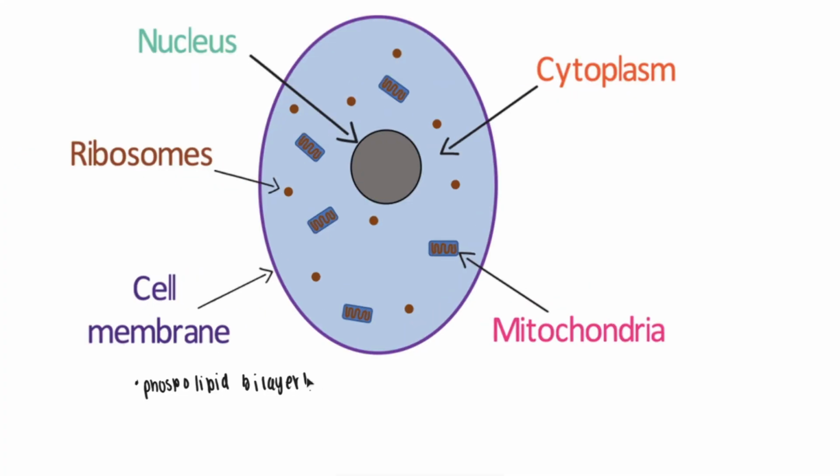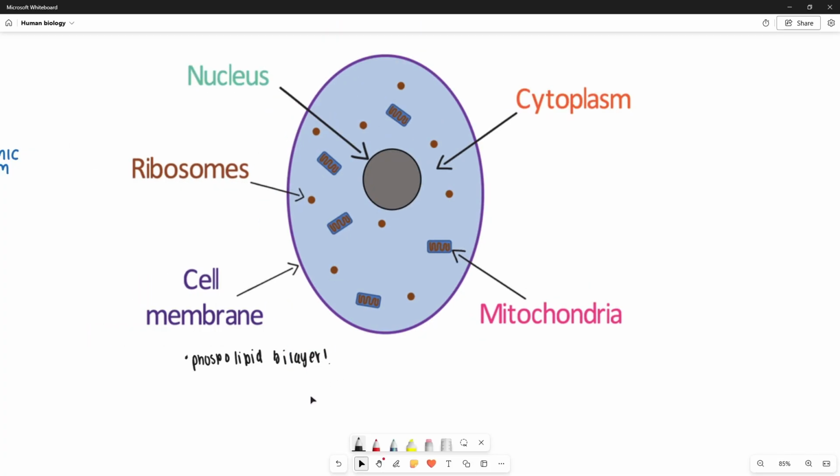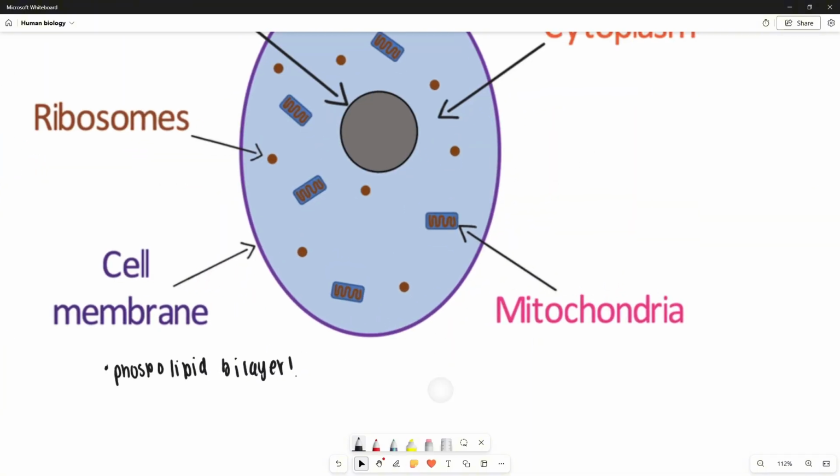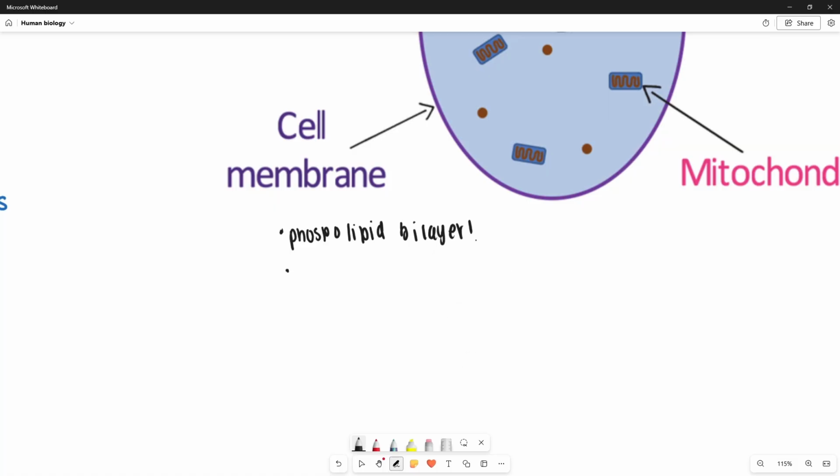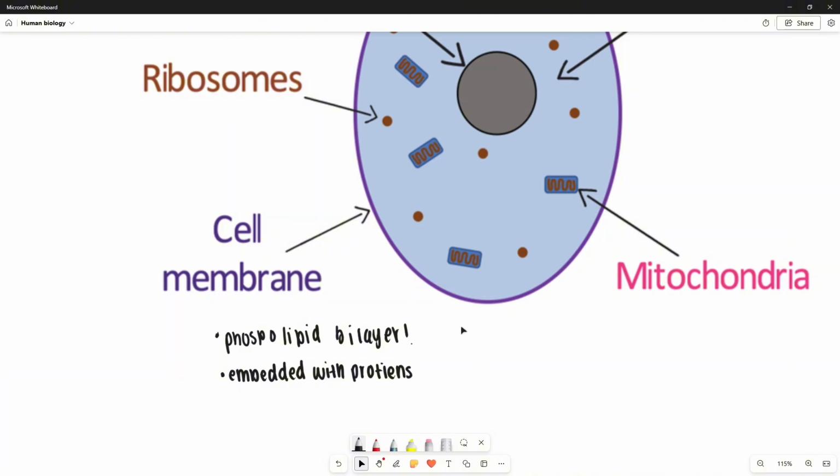I even exclaimed it because it's very important to know that. This phospholipid bilayer is embedded with different proteins. So let's also write it down. It's embedded with proteins.